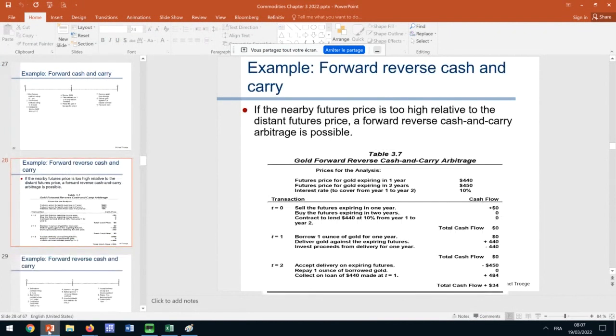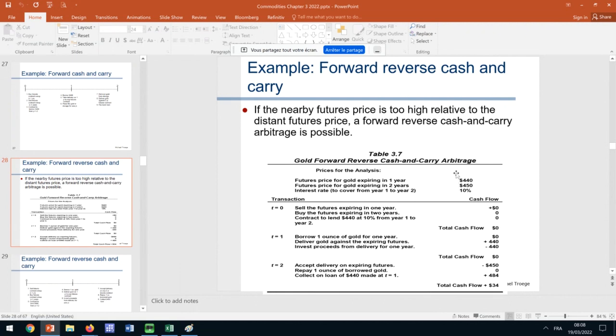And obviously, you can do the same thing in reverse. So you can do a forward reverse cash and carry. It requires, again, that you can borrow the commodity. So maybe let's go through it, because it's interesting to see how this can work for gold and why this cannot work for other commodities such as cattle that you cannot borrow.